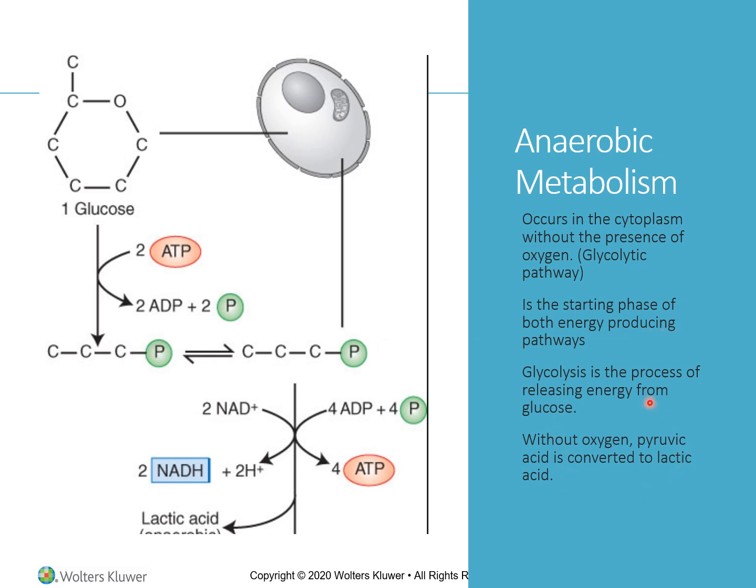So without oxygen, that pyruvic acid, which you see here, which is produced by that breakdown of glucose using up some energy, that pyruvic acid is actually converted to something called lactic acid. So lactic acid is the byproduct of anaerobic metabolism. And that lactic acid production allows this cycle to kind of continue.